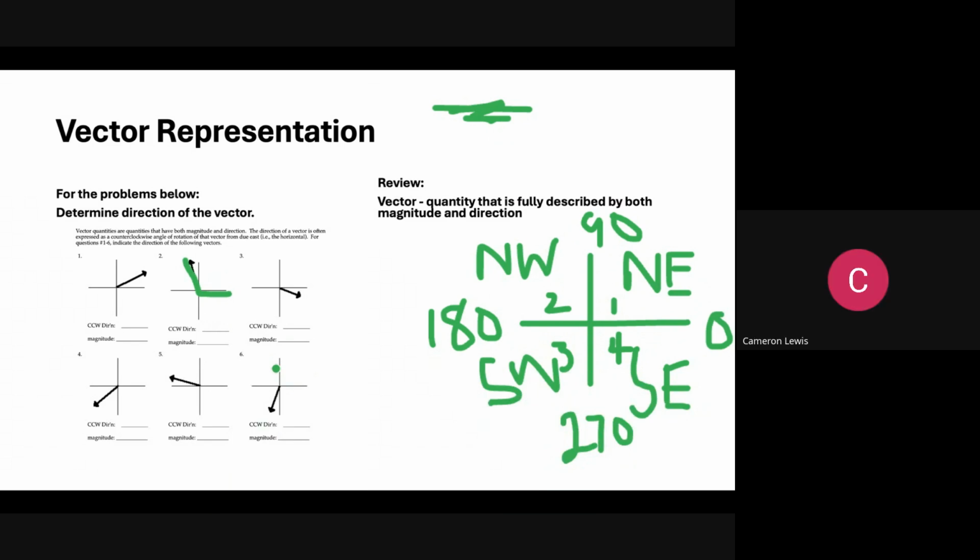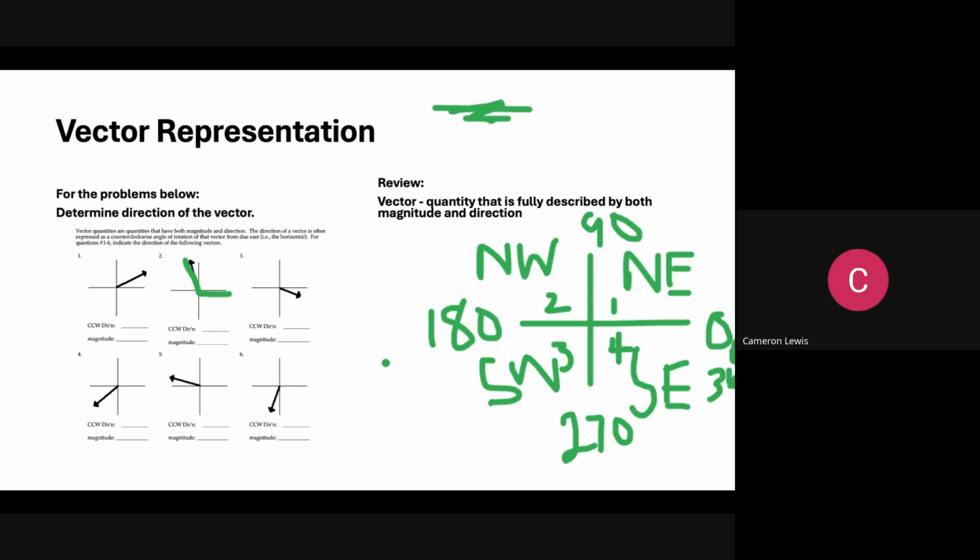Direction-wise, southeast. Numbers-wise, which two numbers is it between? 270 and 360. Give me an estimate. I say 300. That's fine, because it's in between those. Later we'll get into how you can estimate better.